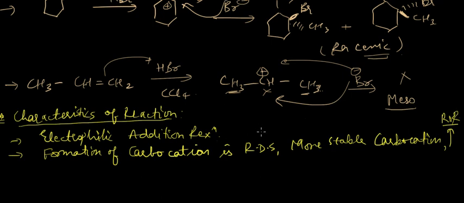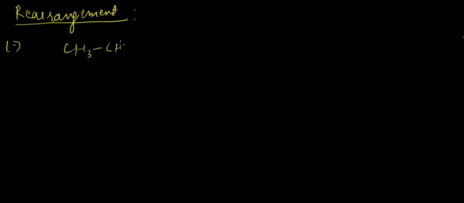Okay, so let us now talk about rearrangement. I just erased the previous board. Rearrangement takes place in these types of reactions. With an example I will try to explain what type of rearrangement I am talking about. Let's say we had a positive charge on this carbon atom.